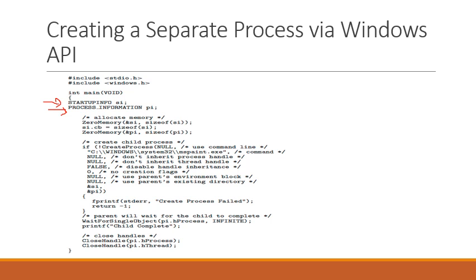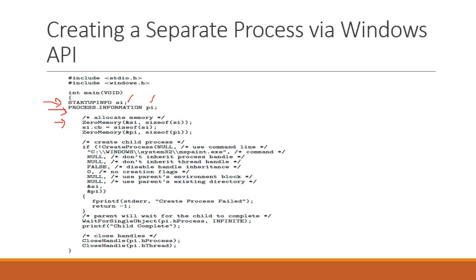So after defining these two instance variables si and pi, we have invoked the ZeroMemory function call. The ZeroMemory function call allocates memory for each of these structures, the startup info structure and the process information structure.